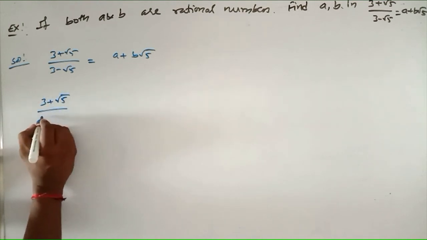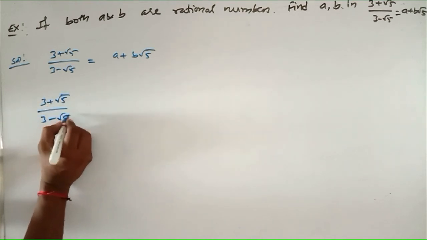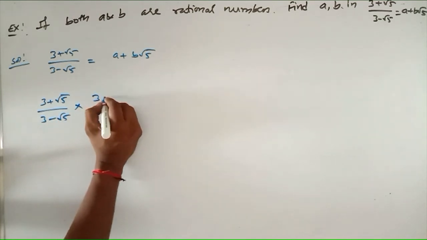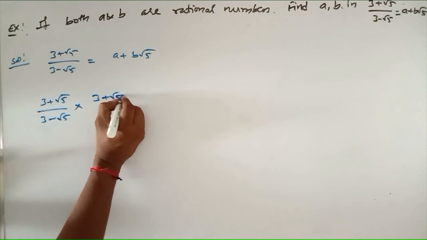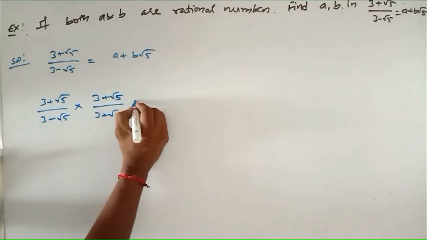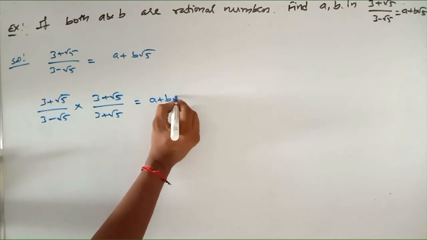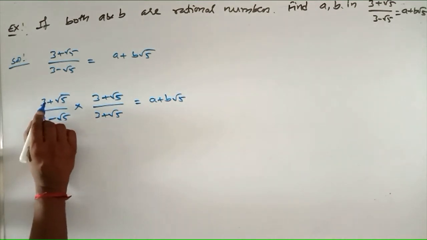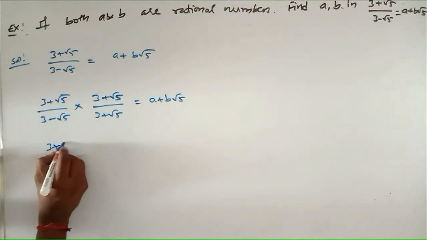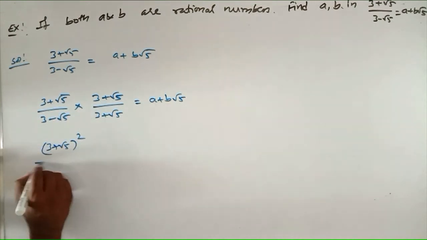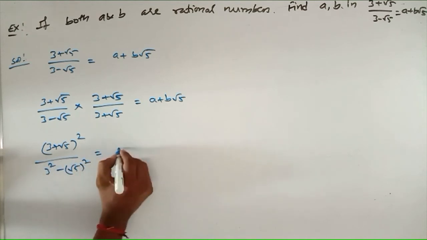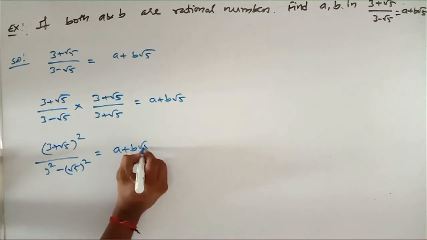3 plus root 5 by 3 minus root 5 into, so denominator is 3 minus root 5. So I have to take the numerator as 3, multiply and divide with 3 plus root 5 by 3 plus root 5 is equal to a plus b root 5. Now it is a plus b into a plus b, that is 3 plus root 5 into 3 plus root 5 is 3 plus root 5 whole square by 3 square minus root 5 whole square is equal to a plus b root 5.